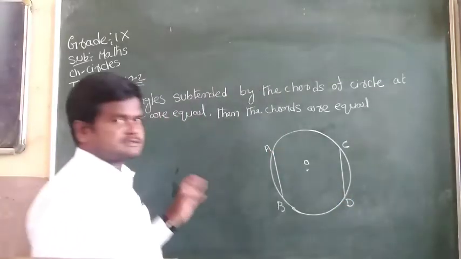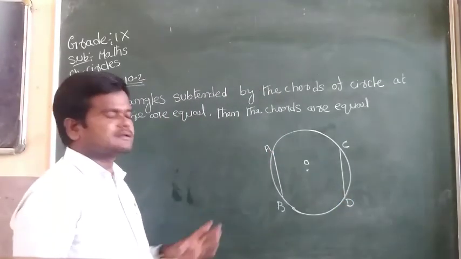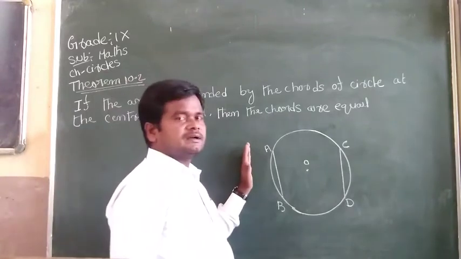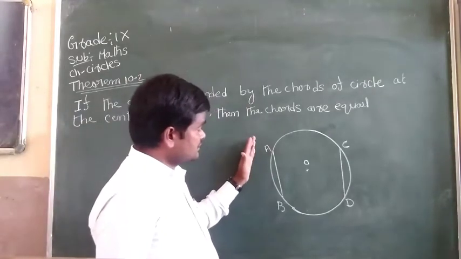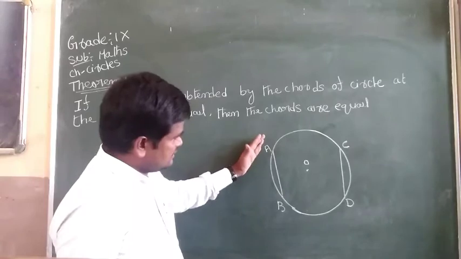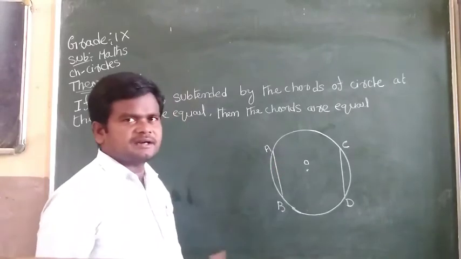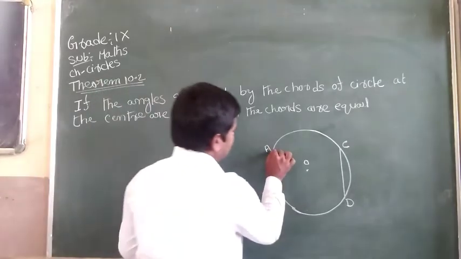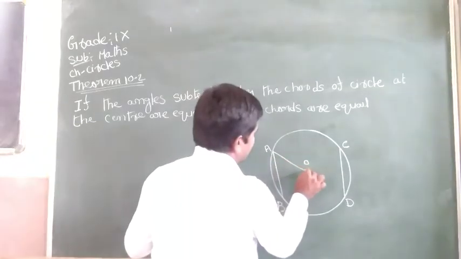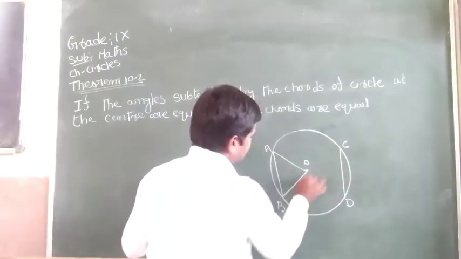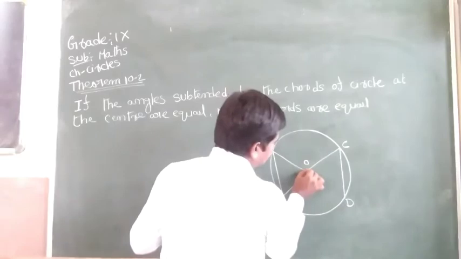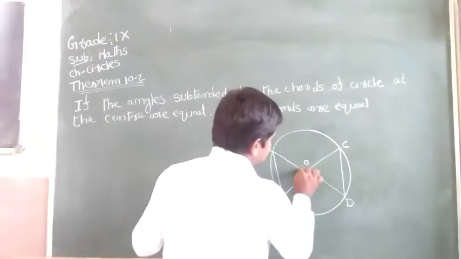So here the subtended angles are equal. The angle subtended by chord AB at the center is angle AOB, and on the other side, angle COD. This is given.